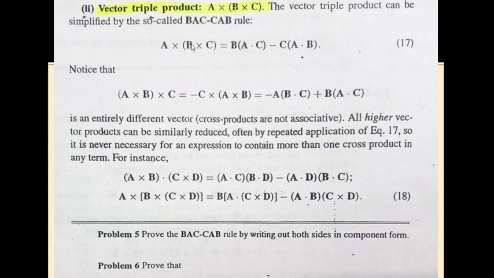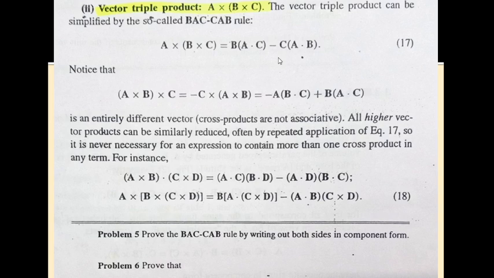That means the central candidate should be written first with the rest, that is BAC, minus the central candidate with the next candidate, that becomes CAB. So BAC minus CAB. Here also I can provide you vector A, vector B and vector C, and ask you to prove the LHS is equal to RHS.